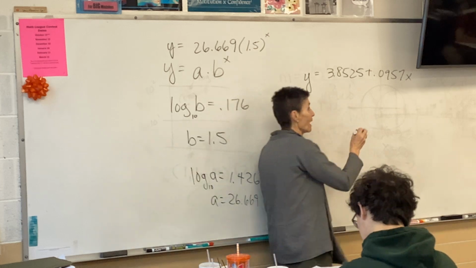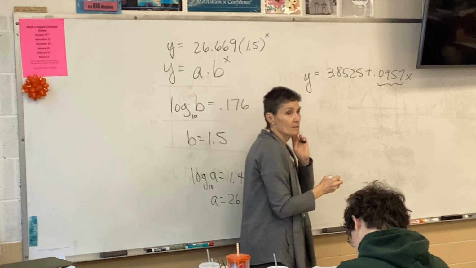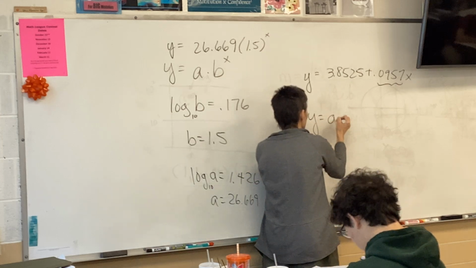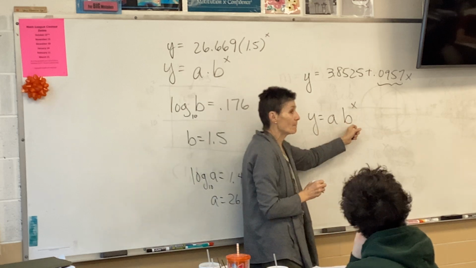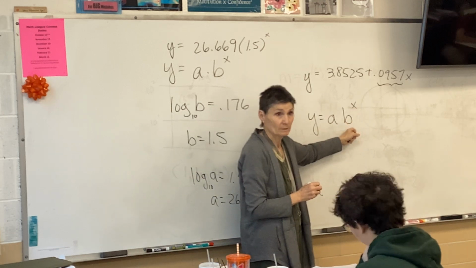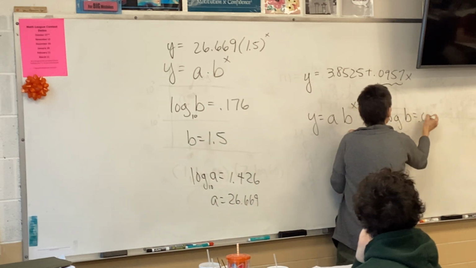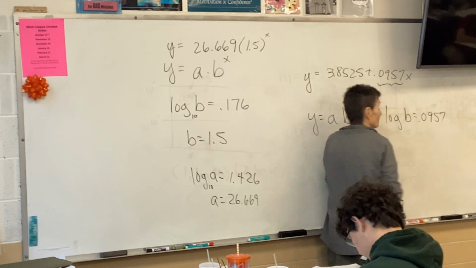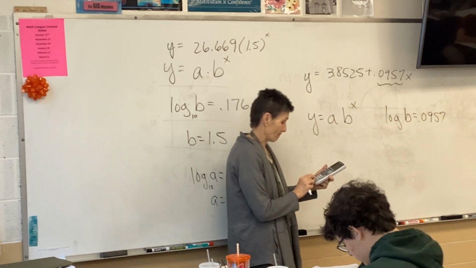Now my equation's backwards. This right here is the slope, right? So when I write my equation, this is what I'm shooting for. When I write my equation, my base is gonna come from the slope. So the log of the base is 0.0957. So can we figure out our base? Sure.